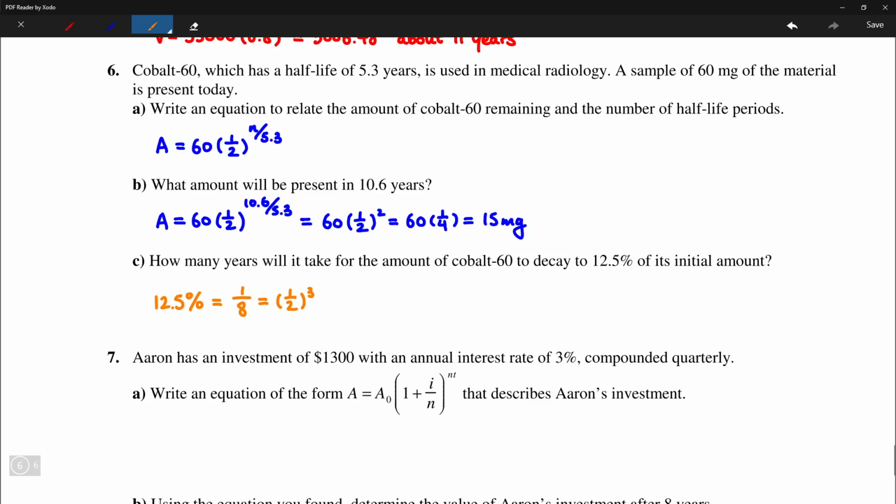So that means for the amount to decay to 12.5% of the original, 3 half-lives must have happened. And that would be 3 times 5.3, which is 15.9 years.